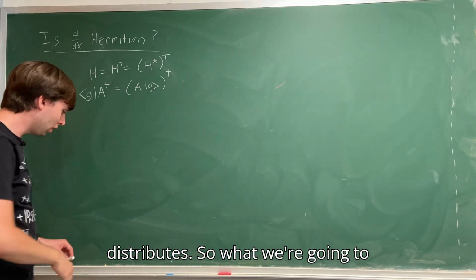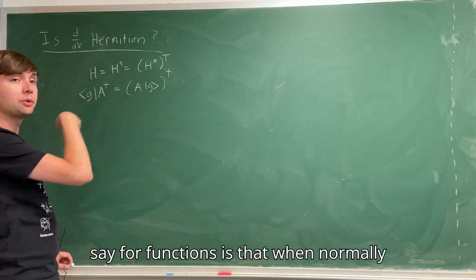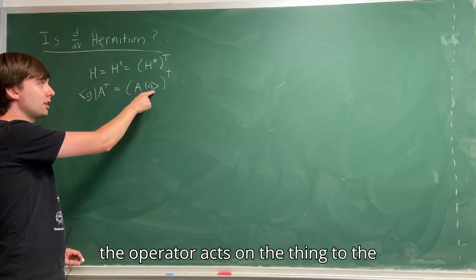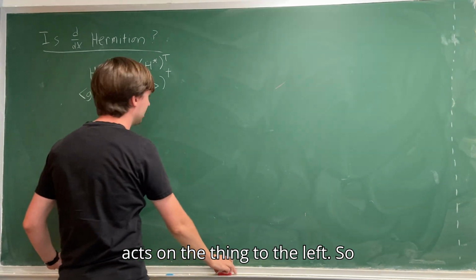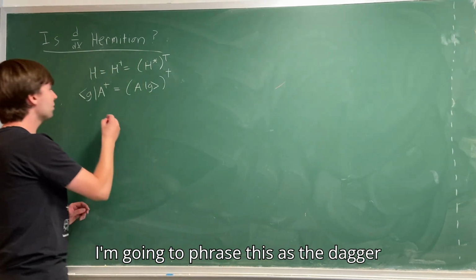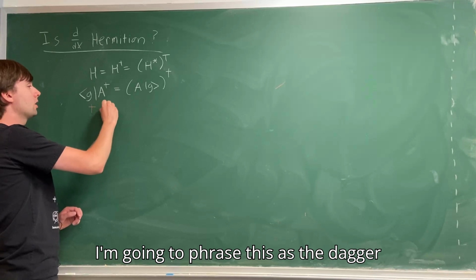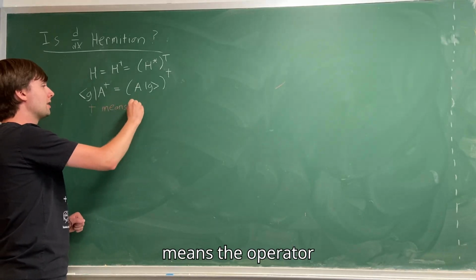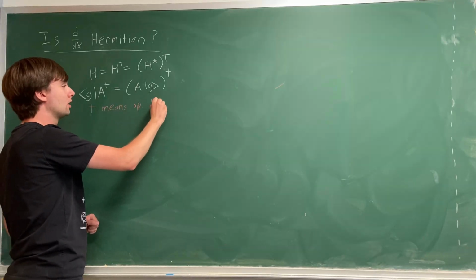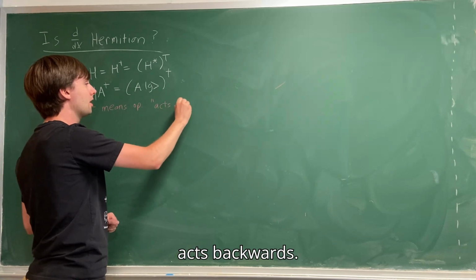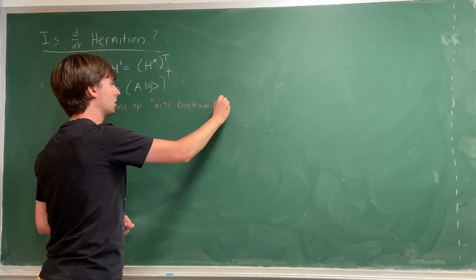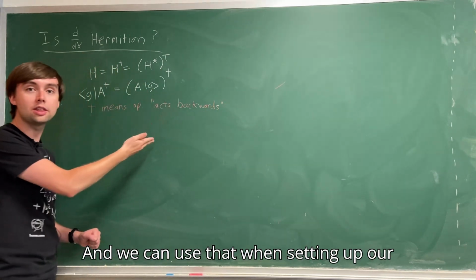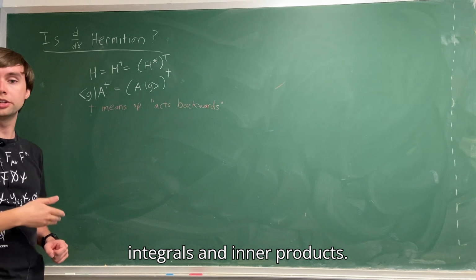So what we're going to say for functions is that when normally the operator acts on the thing to the right, the transpose means it acts on the thing to the left. So I'm going to phrase this as: the dagger means the operator acts backwards. And we can use that when setting up our integrals and inner products.